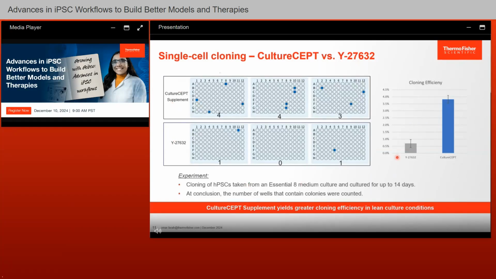And as you can see, the CultureSEPT supplemented wells showed a significant increase in clonal efficiency compared to the traditional ROCK inhibitor, even in those very lean Essential 8 conditions as well.